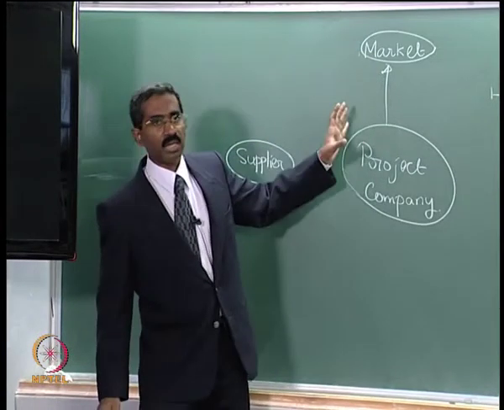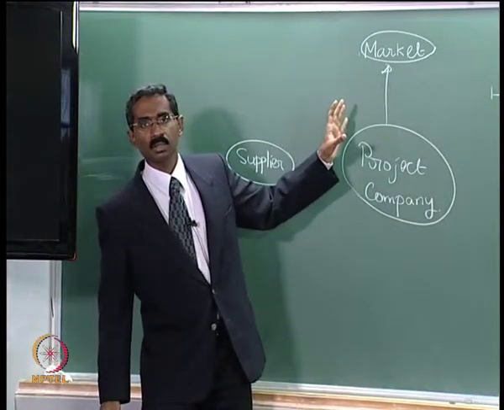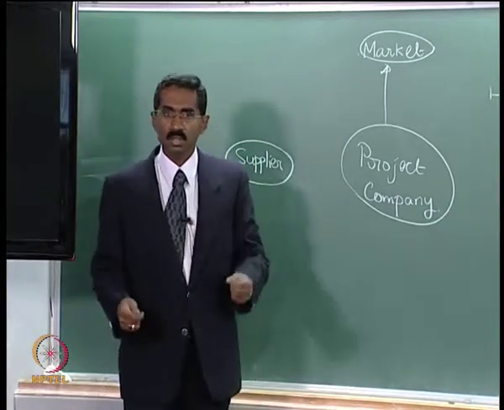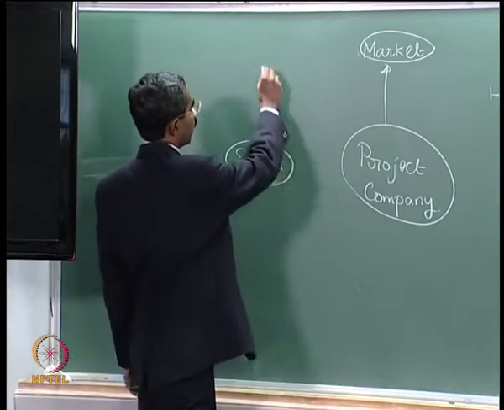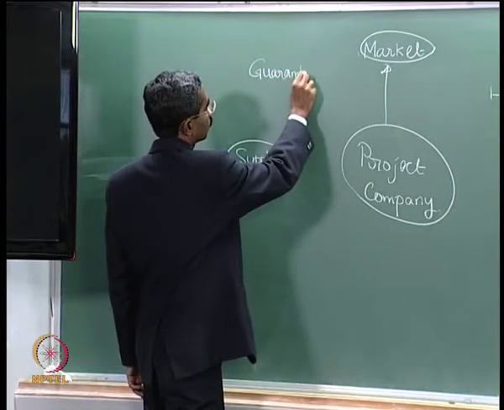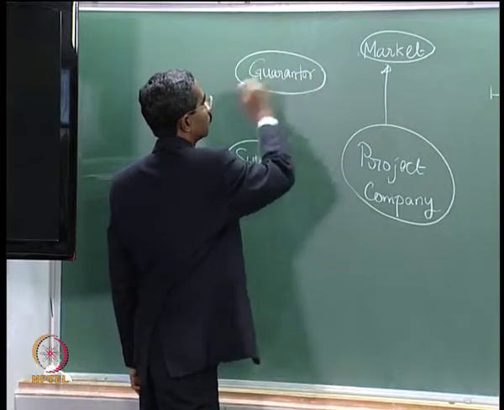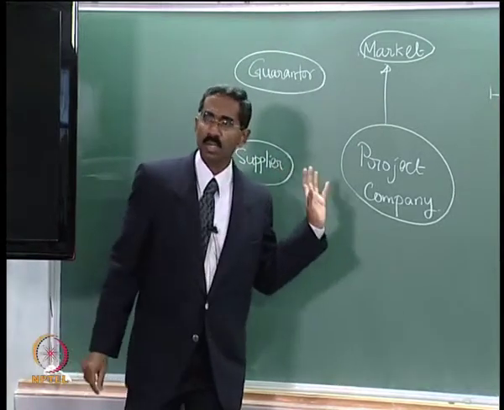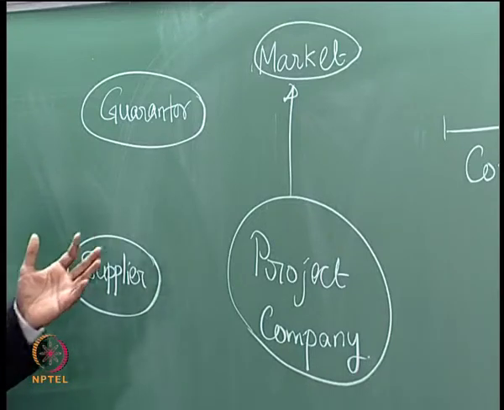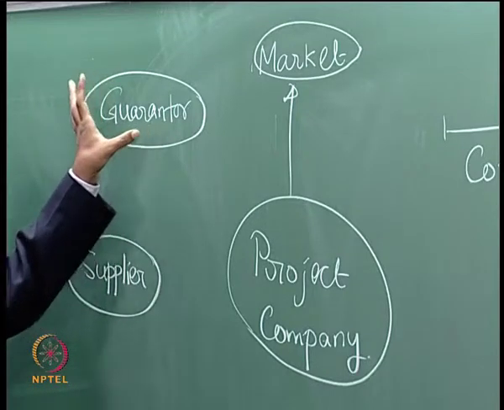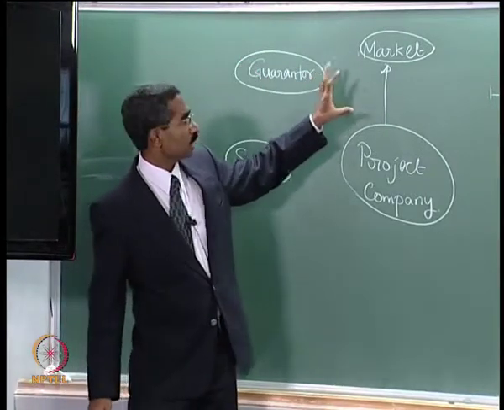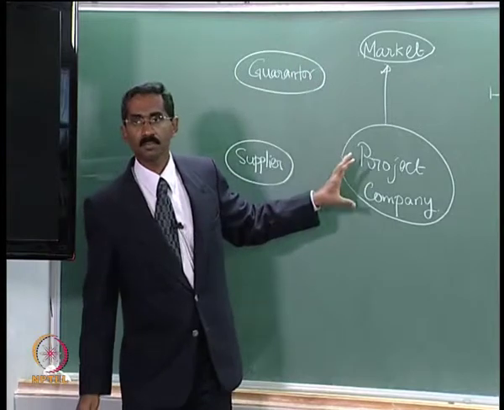To ensure that the supplier will be able to pay these additional costs, the project company will ask for a guarantor, right? It could be a bank, or it could be a guarantee provided by the corporate itself, whatever it may be. There should be a guarantor which will ensure that any additional costs incurred in market purchases are compensated.